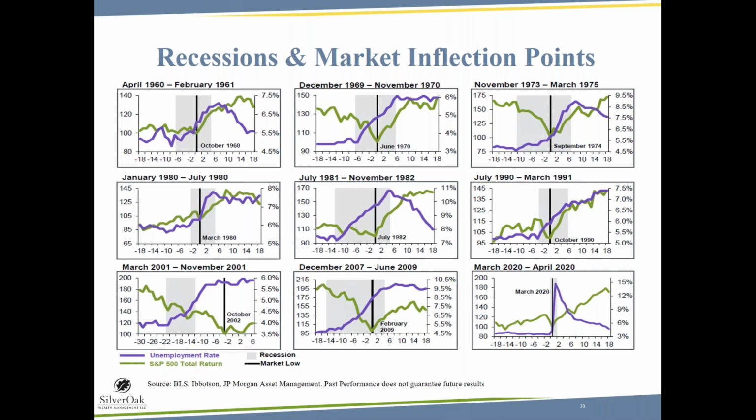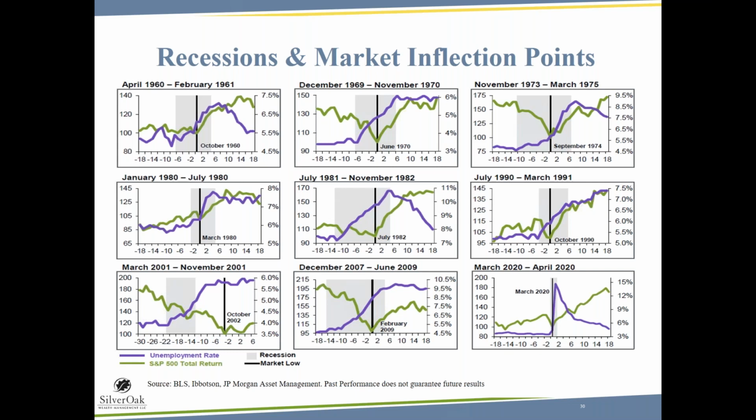So the markets will tend to react in advance of the economy. So as we look at, let's say, the top right box, the 1960 to 1961 recession. Top left. Or excuse me, I did what you did. Yep, opposite, the top left box.